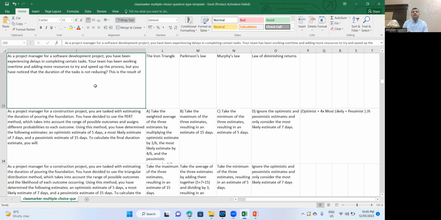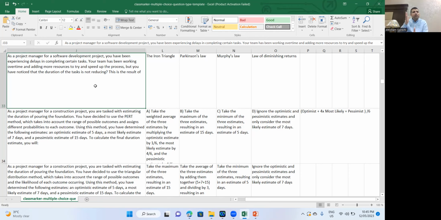Law of diminishing returns states that the more resources you add to speed up the work, it will speed up the work to one extent. You were adding resources and the job was getting done in lesser time. But after adding resources to one level, you will reach a point after which the law of diminishing returns comes into action.